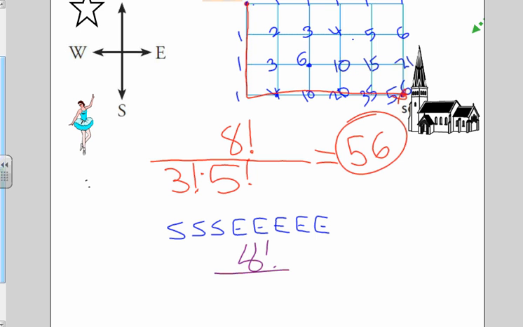8. That doesn't make any sense? Okay. 8 factorial over 3 factorial times 5 factorial. So do you kind of see the connection I'm making here?